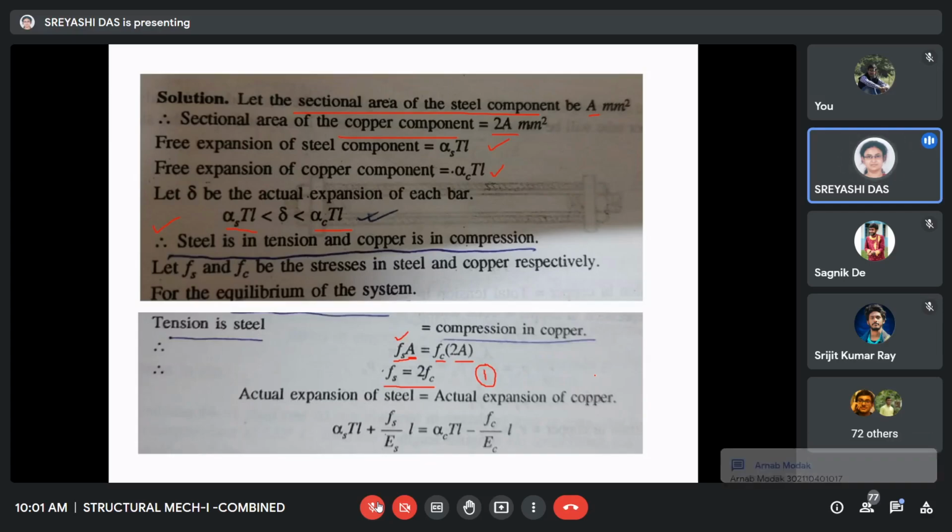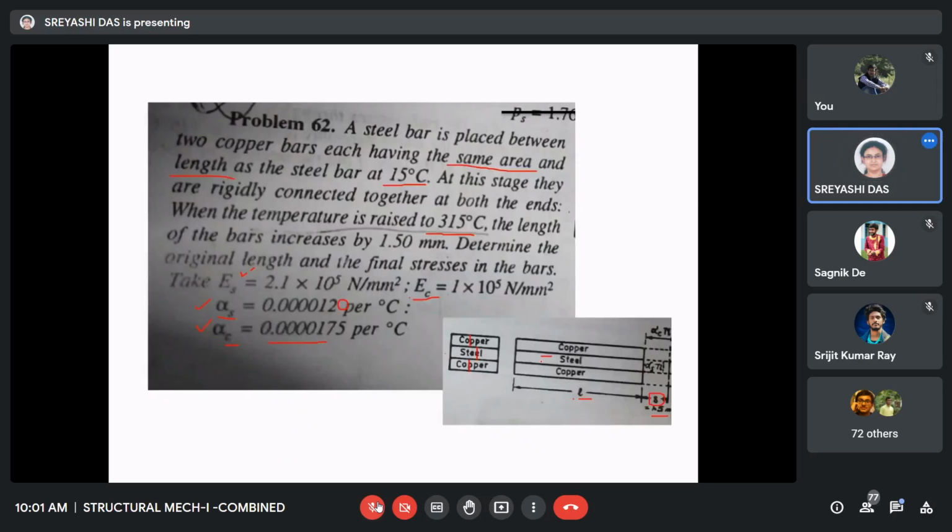And for the second case, now the actual expansion of steel. The actual expansion is the same, that is delta. So this delta for steel is alpha STL, because for steel it is less. So you see, for steel, the free expansion is alpha STL, but it is expanding up to delta.